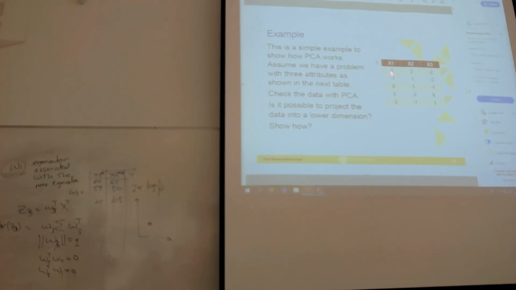Here we have 5 samples and 3 dimensions. Remember that in principal component analysis, we are looking to reduce the number of dimensions. It can be modified also to reduce the number of samples, as we will see later. But in general, we are looking to reduce the number of dimensions, not the number of samples.